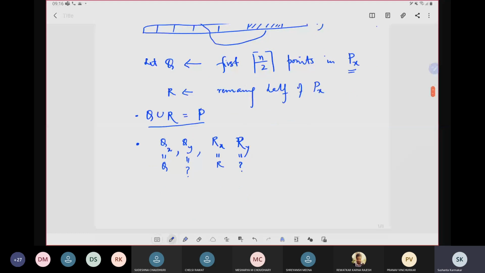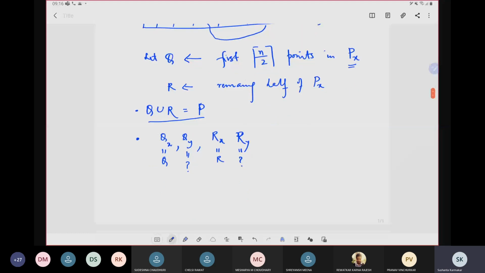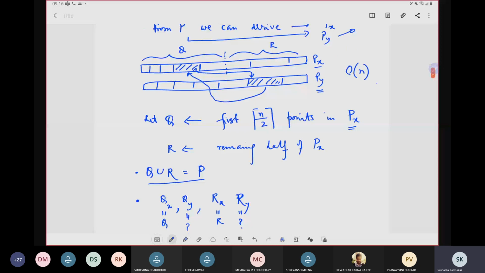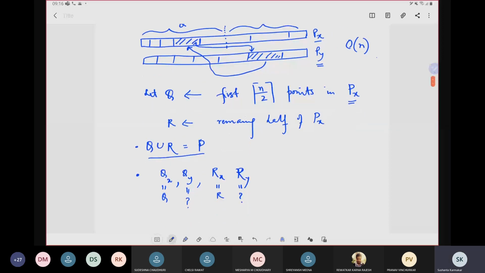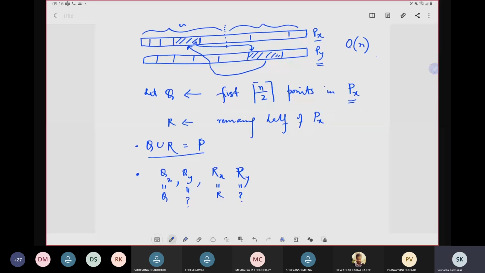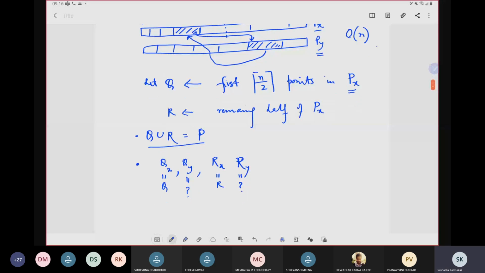So the question is how quickly can I do it. Since I have Px and Py already, I claim that by a single pass over Px and Py, we can calculate Qy and Ry.